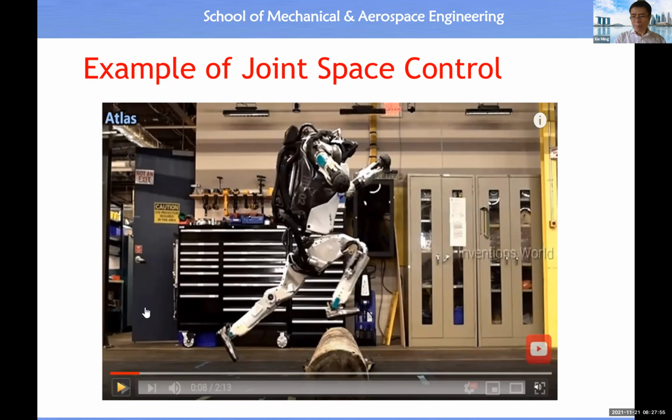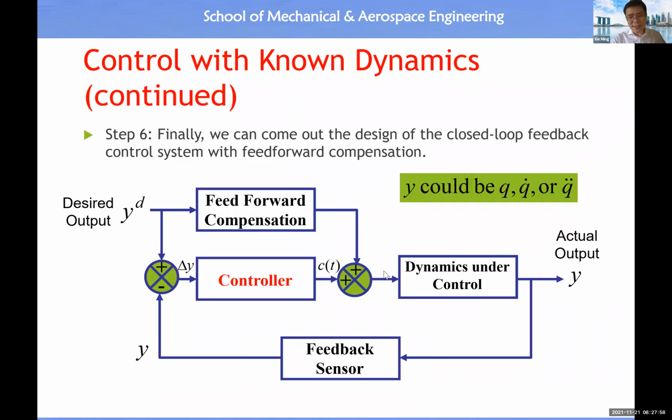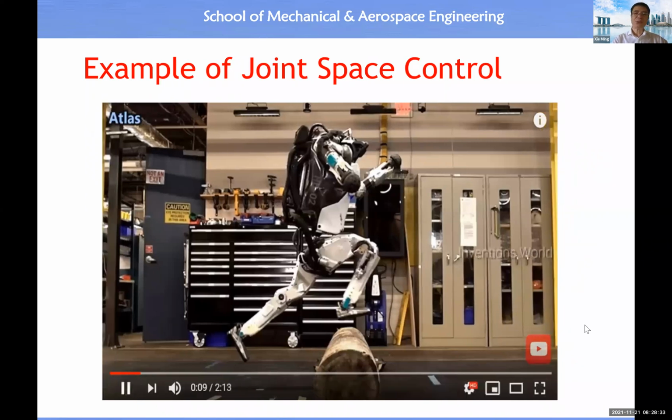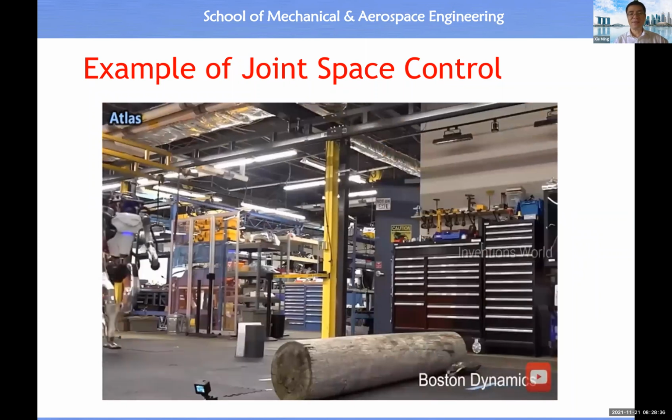All right, so with this control scheme, because this is very efficient, this one will shorten response time and improve response accuracy, because here we use the digital twin of your physical robot. If the dynamic model is very, very close to the dynamic model of the physical robot, then this signal will help your physical robot reach the desired output within a very short period of time. All right. So here, you should be able to see this type of behavior from the robot.